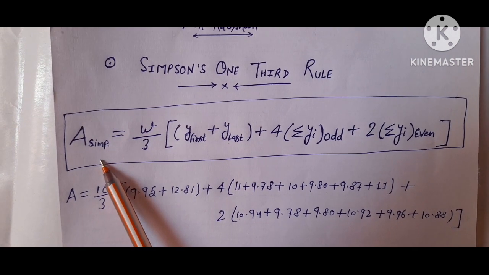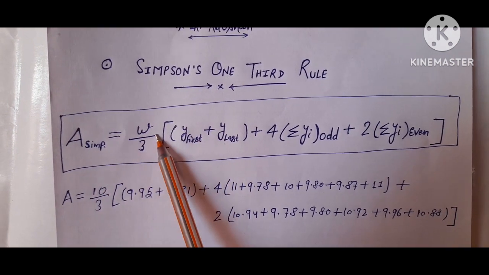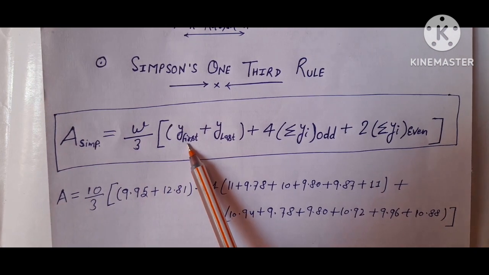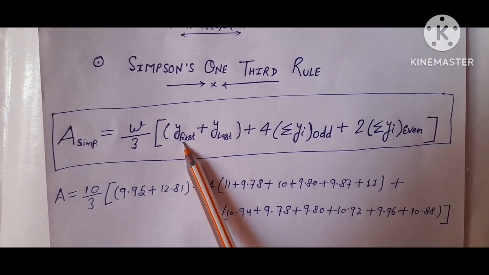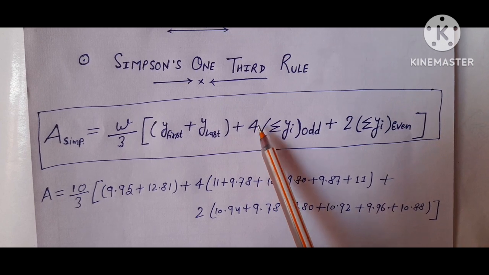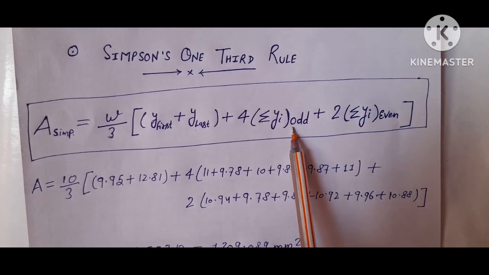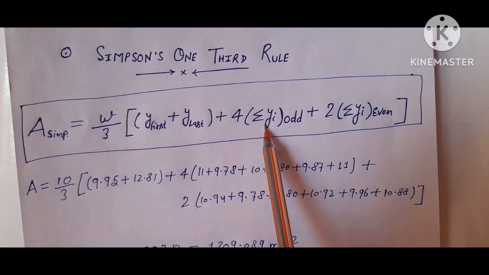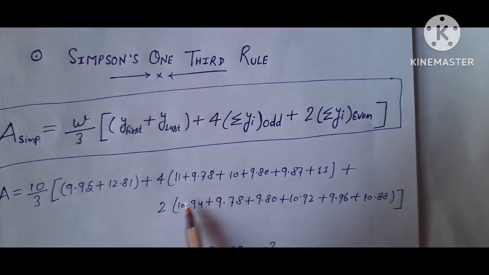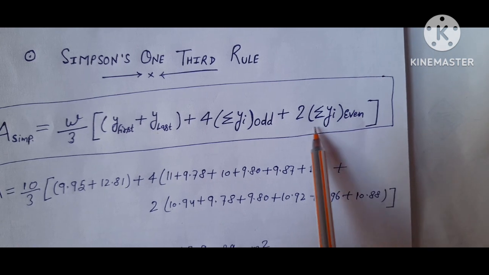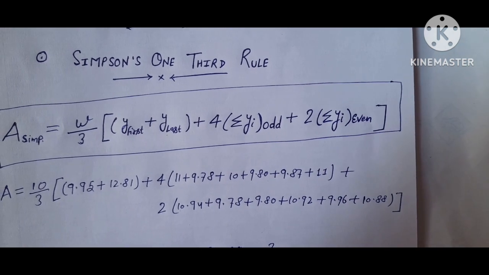So Simpson's 1/3 rule is the height or width divided by 3, times in brackets the first term plus the last term plus 4 times the summation of all odd terms plus 2 times the summation of all even terms.